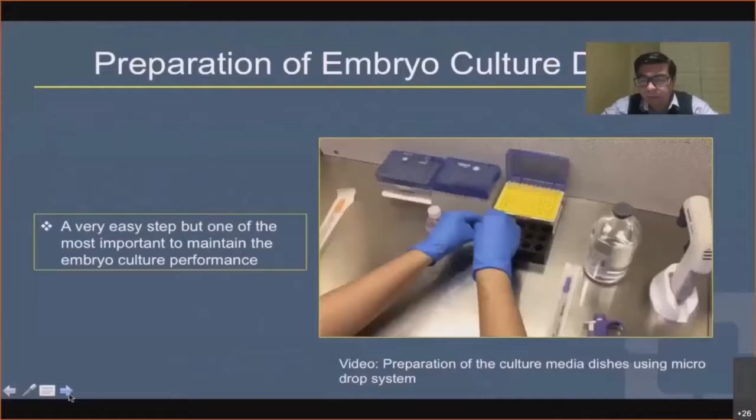For the preparation of the culture dishes, we always prepare our culture dishes on a cold and sterile surface in a laminar flow hood. As I mentioned in this slide, the embryo culture dish preparation is a very easy step to perform, but one of the most important techniques to maintain the high efficacy of the culture medium.